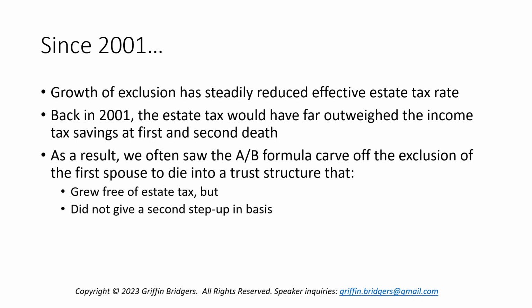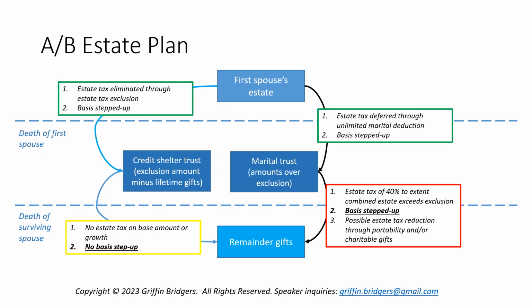So in the past, the AB formula had the effect of carving off the then much smaller exclusion of the first spouse to die into a trust structure that grew free of estate tax, but as a consequence, did not give us that second step up in basis, which made sense then and may not make sense now. So let's see, what does the AB estate plan look like?